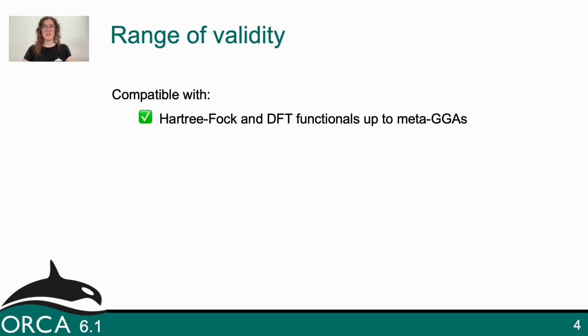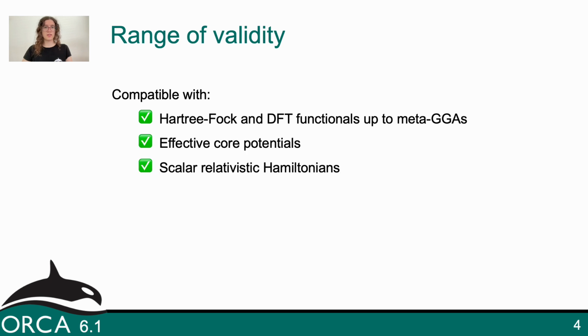So within that 2n+1 rule approach, we have derived expressions and implemented analytical Raman intensities for Hartree-Fock theory and DFT functionals up to meta-GGAs, including things like hybrids, range-separated hybrids. And we have also extended the program in a few ways, so it's consistent with effective core potentials.